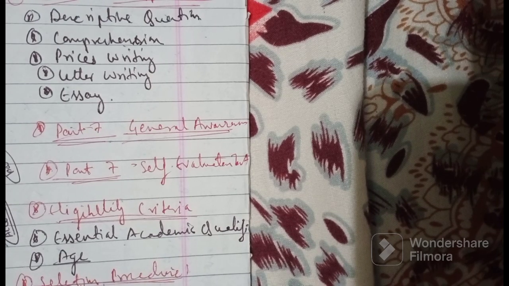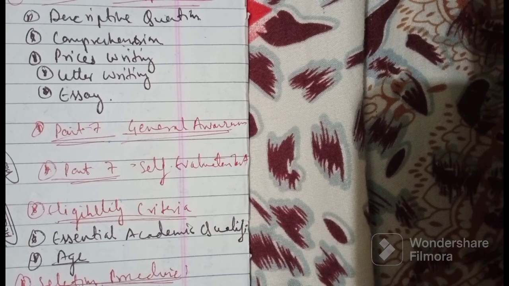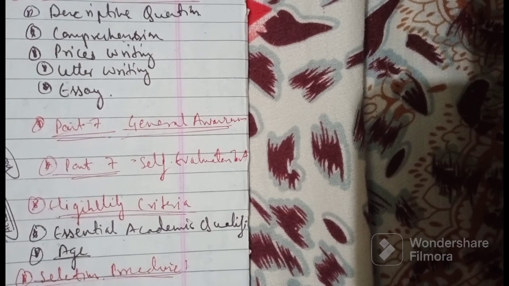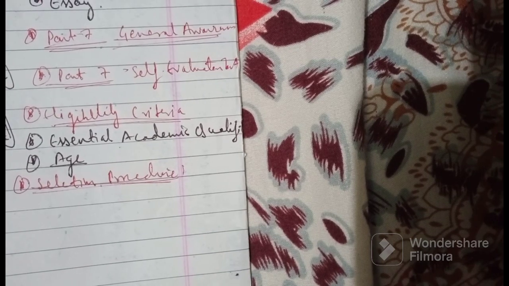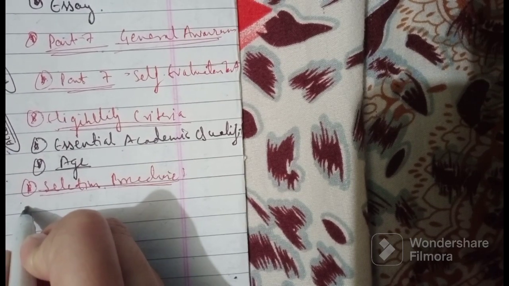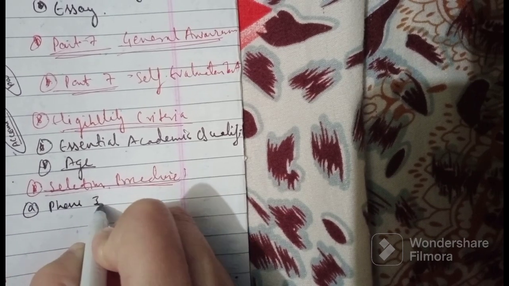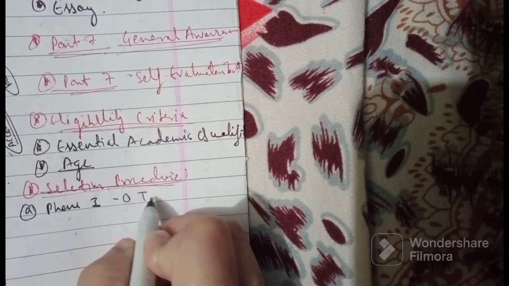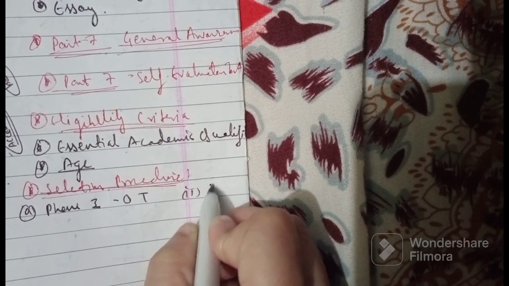in phase 1, we have the written examination of 250 marks, consisting of an objective type and a descriptive type. The objective type is 200 marks and 50 marks is the descriptive. So phase 1 has the objective type test, and the second category is the descriptive test.